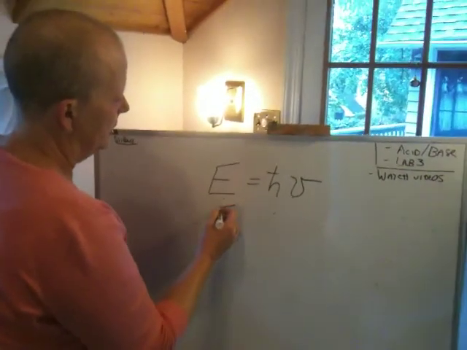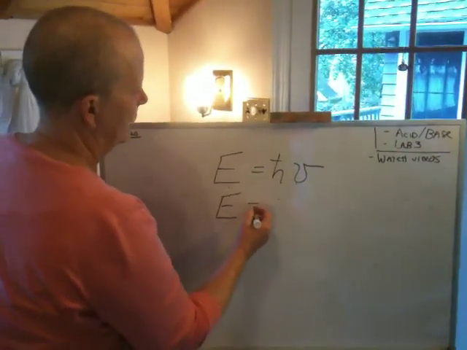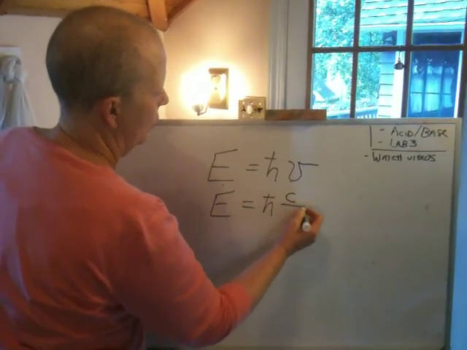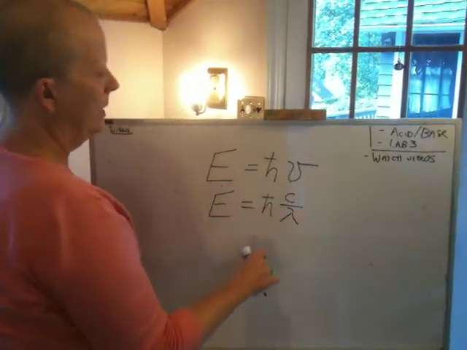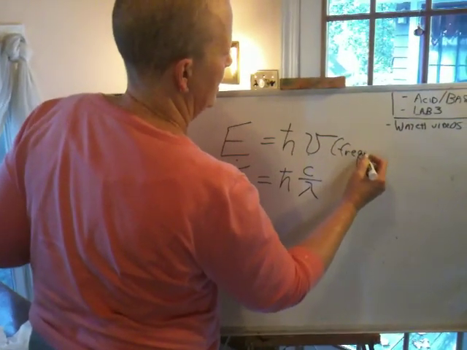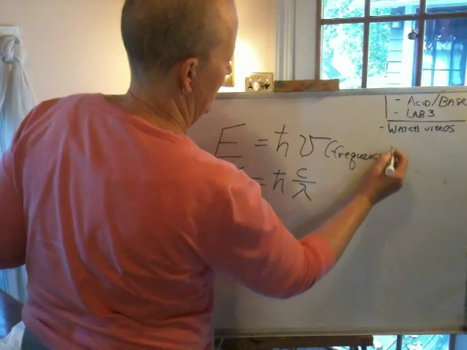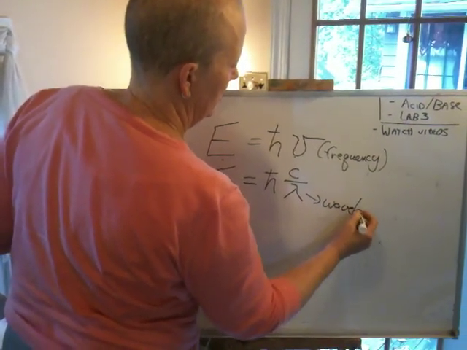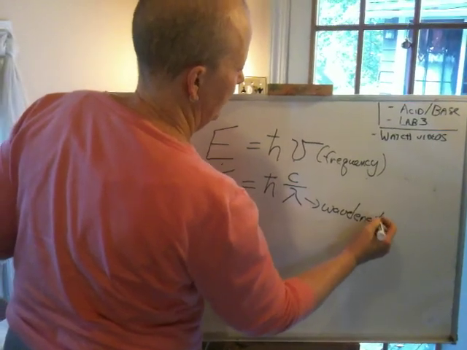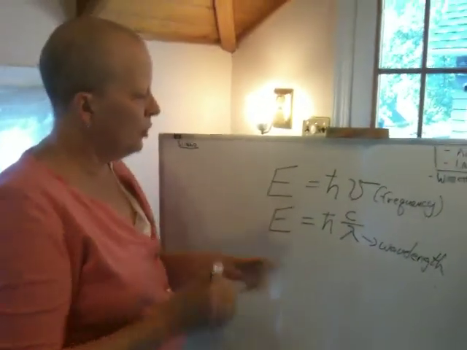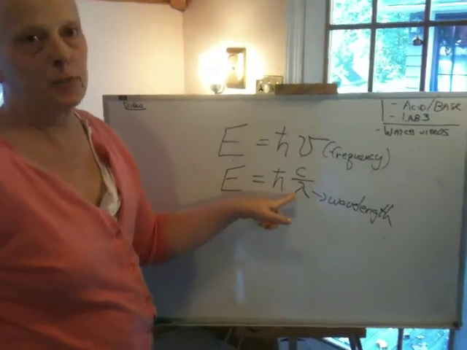The other expression is energy equals Planck's constant times c over lambda, okay? So this is frequency here. Lambda is the wavelength. Okay? So you're used to this expression.